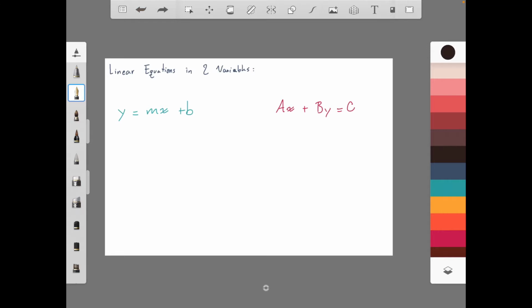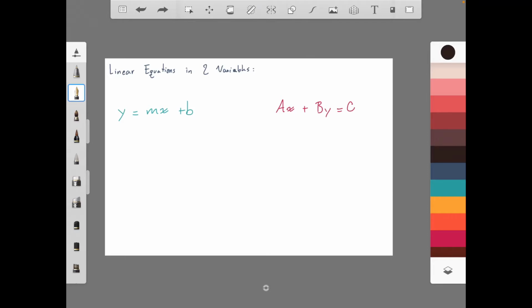Okay, so there are a couple of cases that aren't linear equations in two variables, and I'm going to give an example.